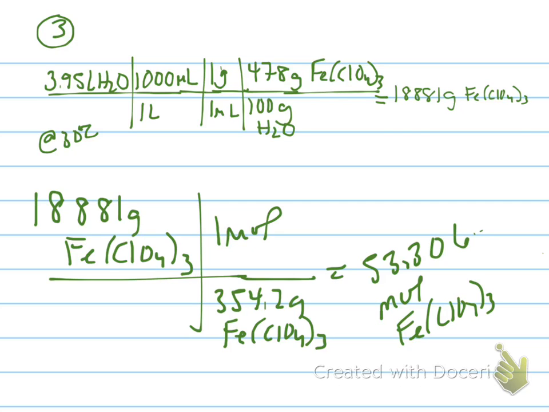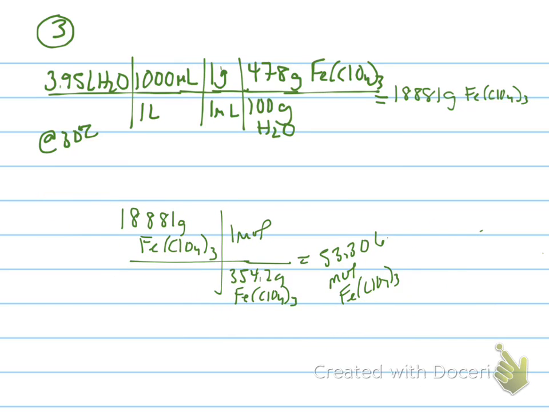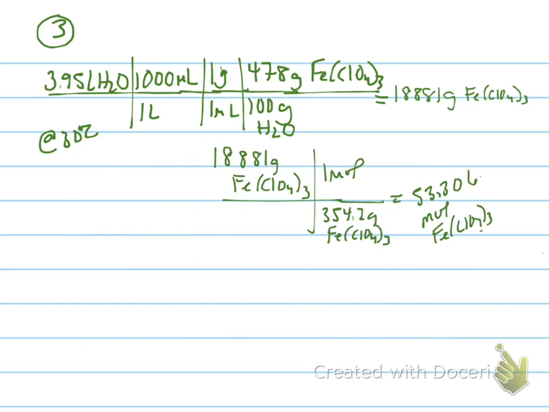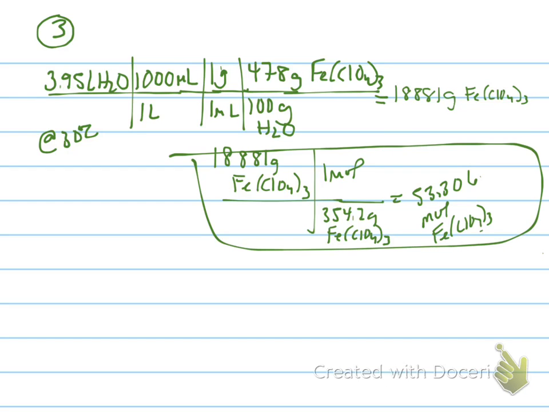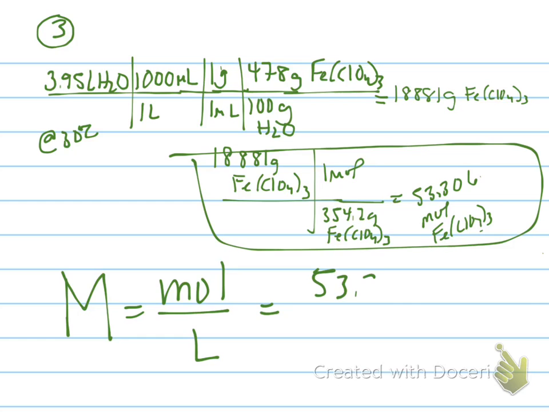So, at this point, we know how many moles of iron(III) perchlorate we have. So I'll box that off. And molarity is just equal to moles over liters. So we have 53.306, etc. moles, and we have 4 liters of solution.